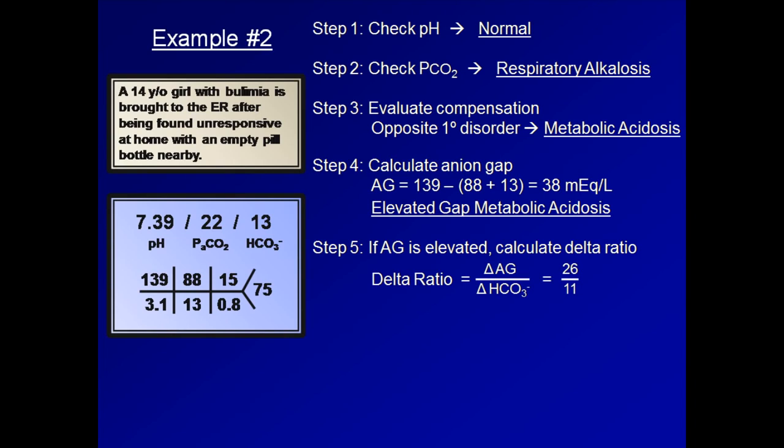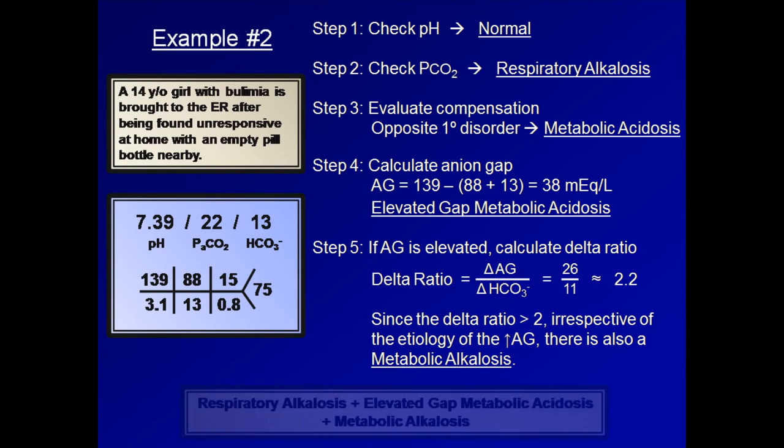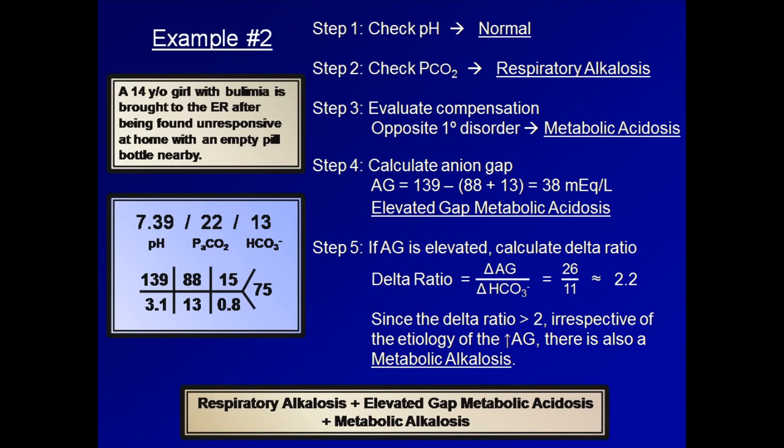Thus, the delta ratio is about 2.2. Since the delta ratio is above 2, irrespective of the etiology of the anion gap, there is also a metabolic alkalosis. Therefore, in summary, this patient has a respiratory alkalosis, an elevated gap metabolic acidosis, and a metabolic alkalosis.